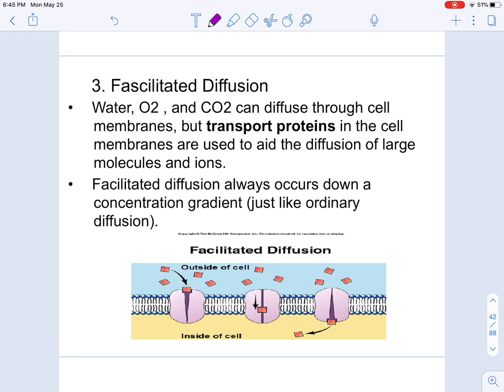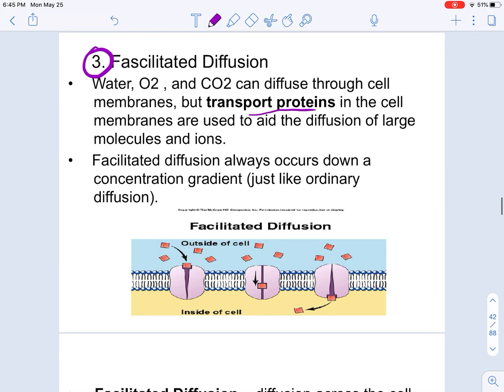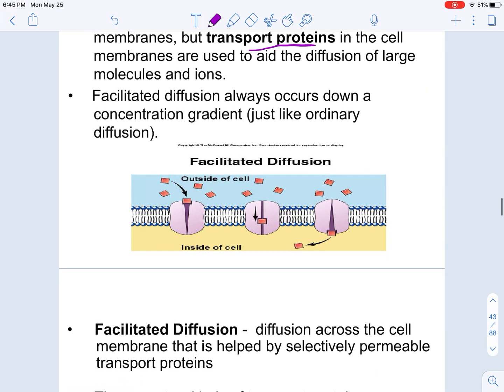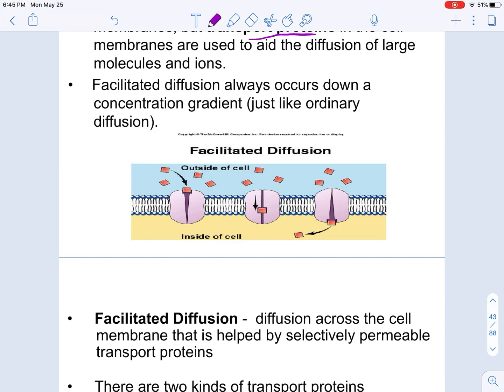Okay, so next kind, we did diffusion and osmosis. Next one to talk about is facilitated diffusion, and that just means that there's a protein that helps move the molecules across the membrane.